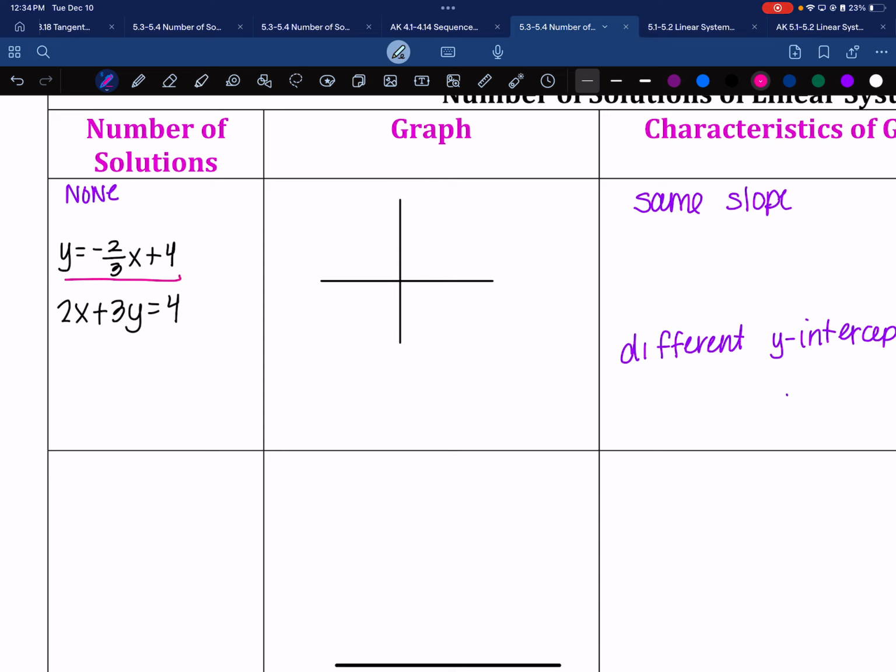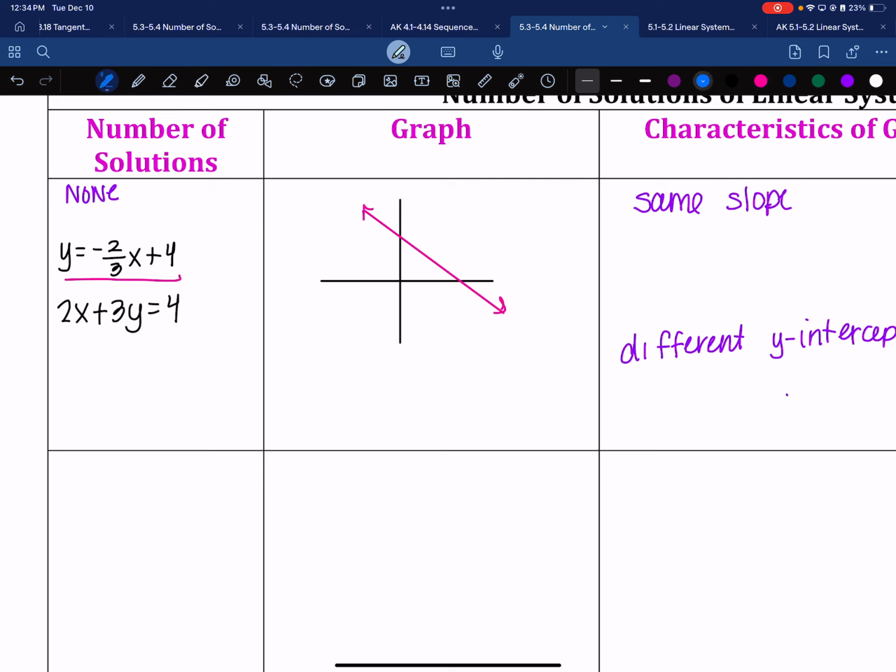Negative slope. The y-intercept is 4. Is that going to lie above the x-axis or below? Above. So I don't know exactly what it looks like, but I think it's going to look something like that. That's a reasonable sketch. Not probably the best, but at least it's something.